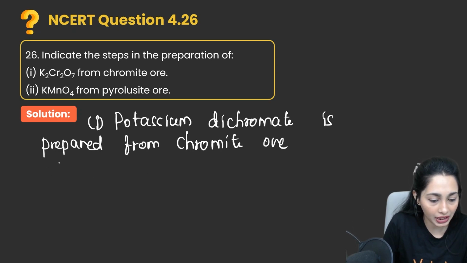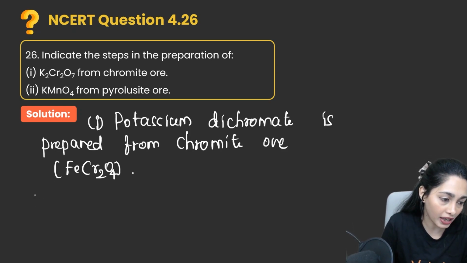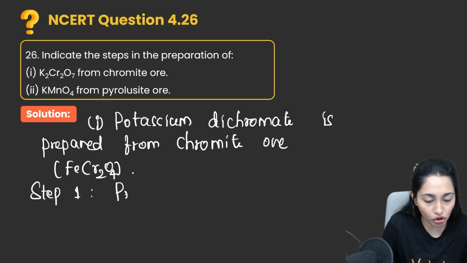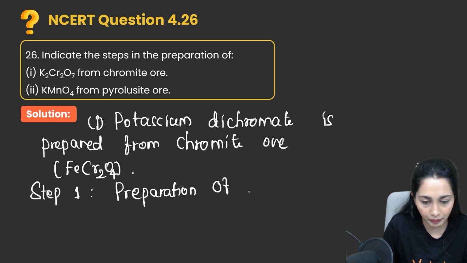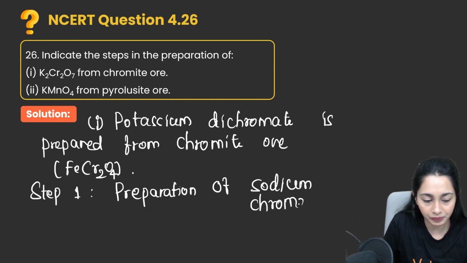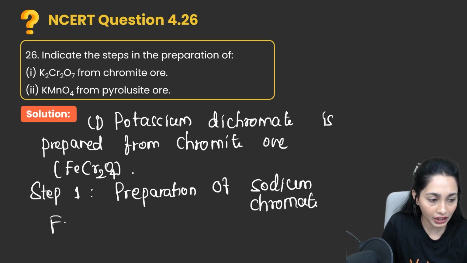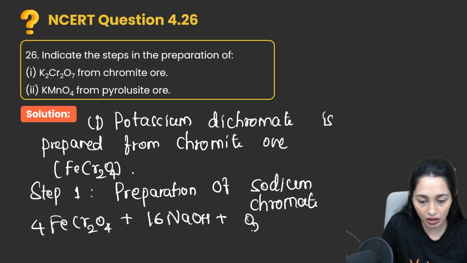What is the formula? It is FeCr2O4. This is chromite ore. In the following steps. So first one, step 1. What is the first step? Preparation of sodium chromate. So this FeCr2O4, the chromite ore, is taken and made to react with sodium hydroxide in presence of oxygen.